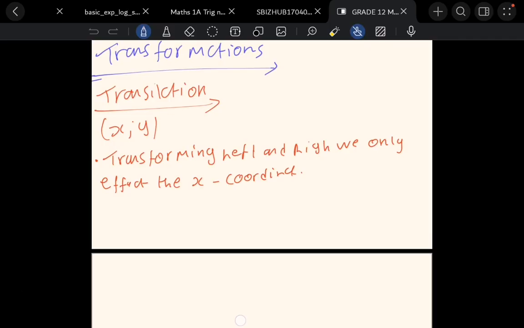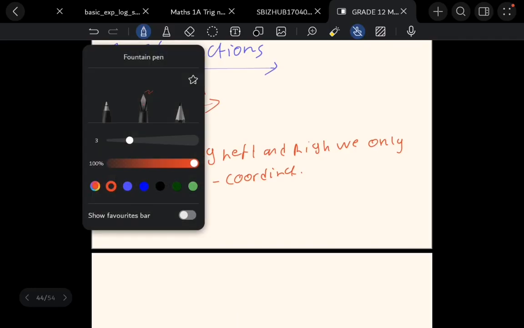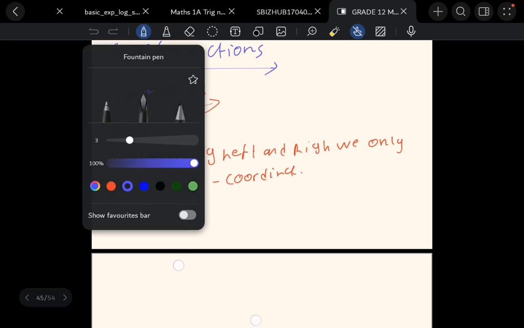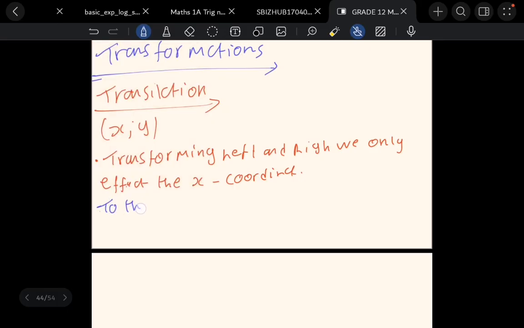Right, let's look at an example. The example is to the right by 7 units. If we transform this coordinate A to the right by 7 units, we should get x plus 7, comma y. This is no longer A, it's going to be A prime, because it's a new point.